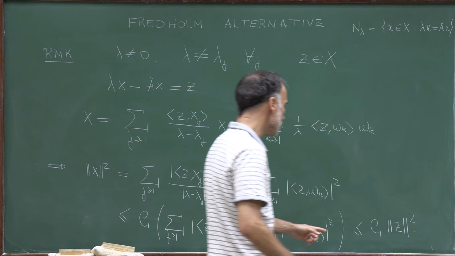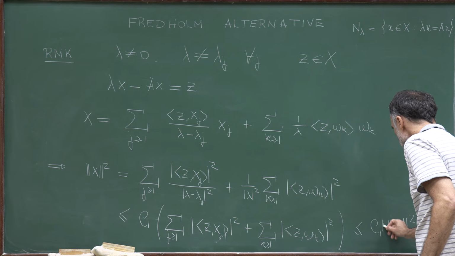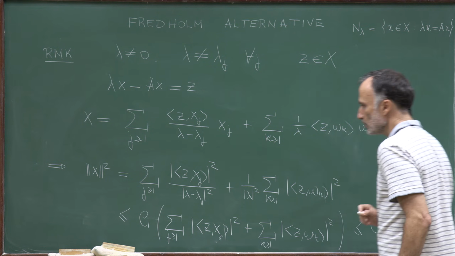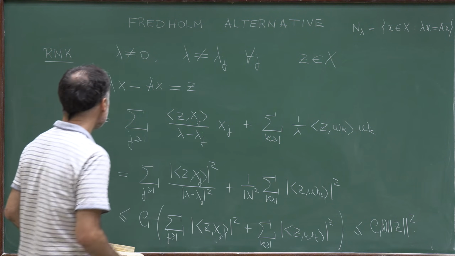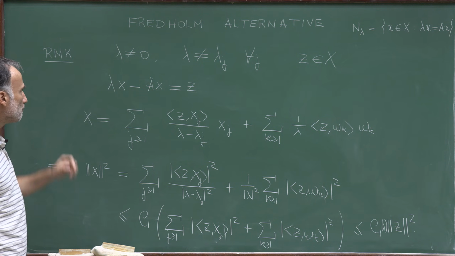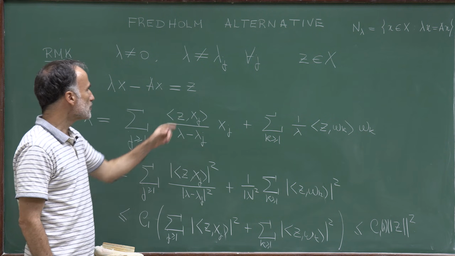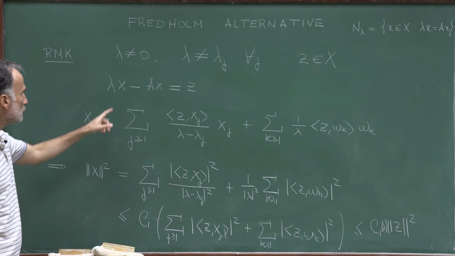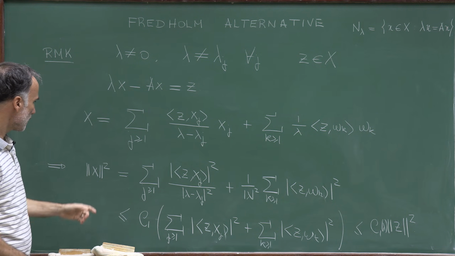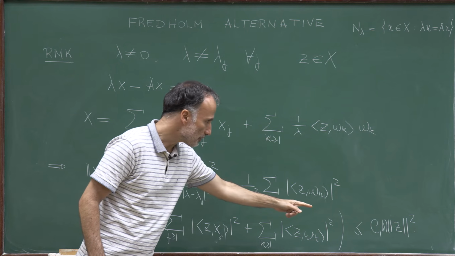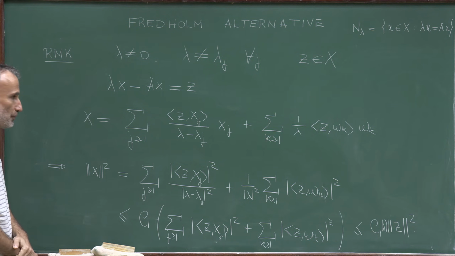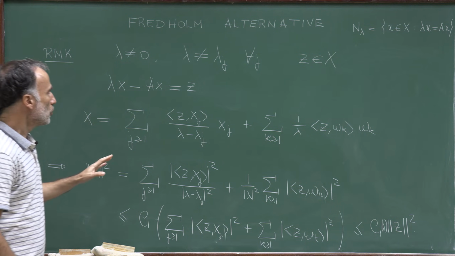So this constant C1 depends on lambda, but not on z. So we proved that you fix a lambda, now you consider any z, you prove that there exists a solution, and the solution satisfies this inequality.